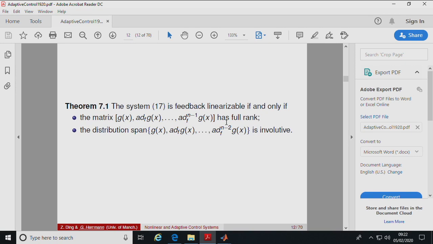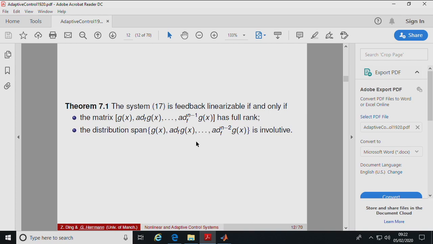That guarantees controllability at every single point within the state space. At the same time, we needed the extra condition that, if we take one of those vectors out, the whole system is so-called involutive.